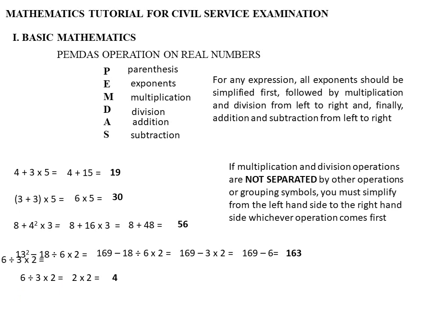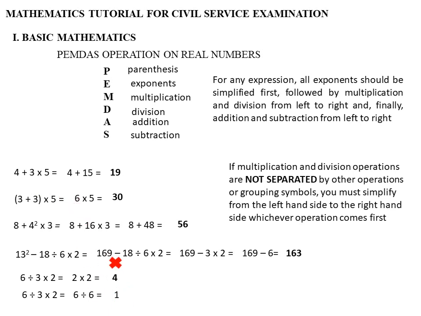Okay, let's try to solve this in another method, an incorrect way. 6 divided by 3 times 2. If we just follow the PEMDAS rule, multiplication comes first before division. So we multiply 3 times 2, which is equal to 6. So 6 divided by 6 is 1. They have a different answer.